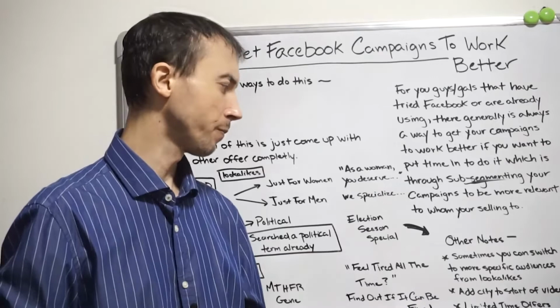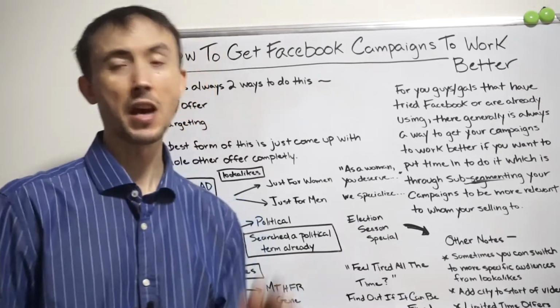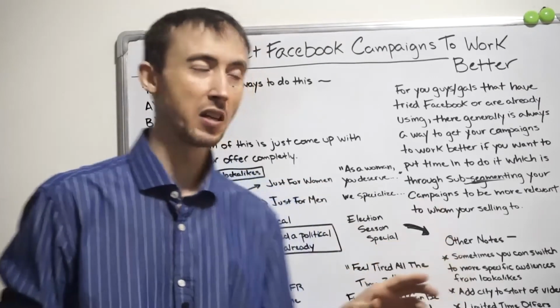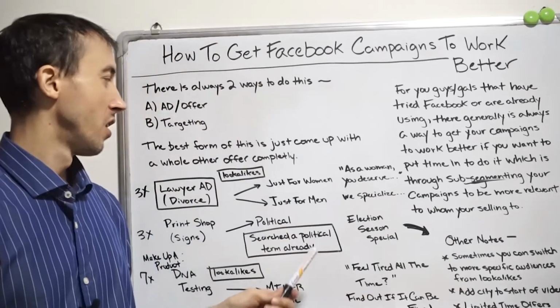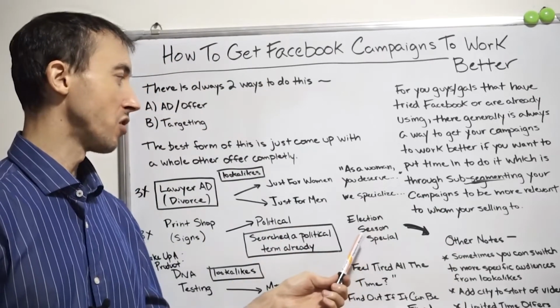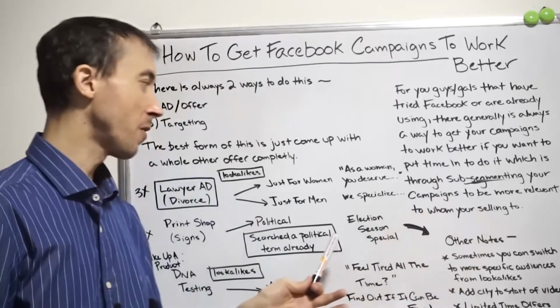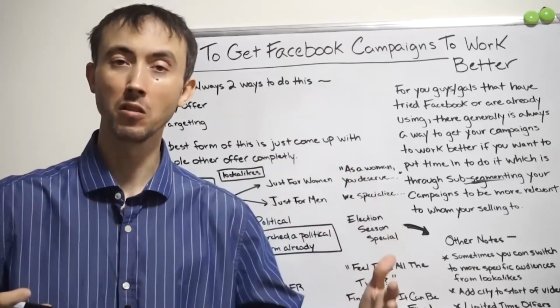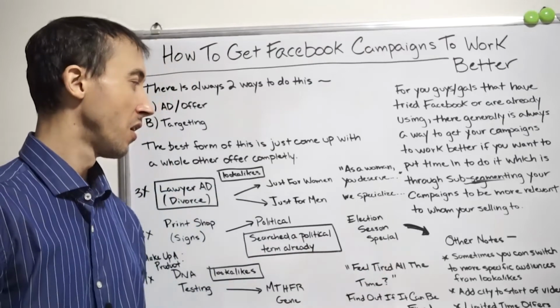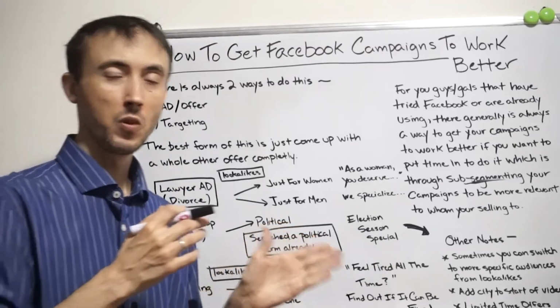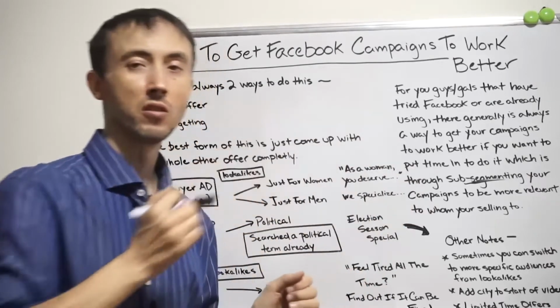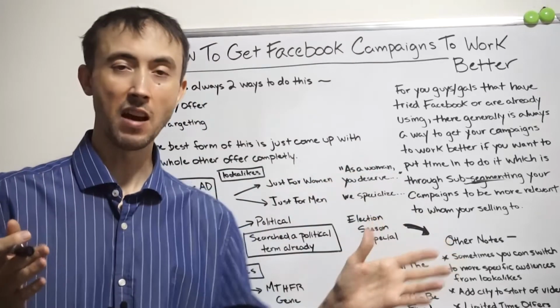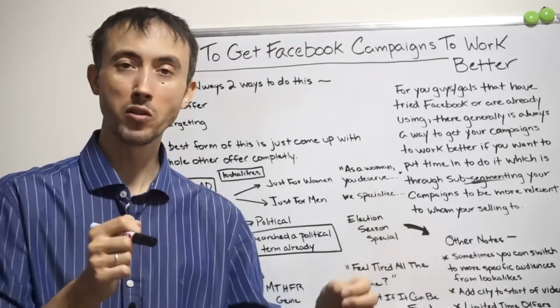But the last one is limited time offers. I already mentioned this basically in this video, but just to rehash it, on this political campaign, I mentioned elections. For the political people that would want sign printing specifically for a political campaign, we added the election season special, because it's election season right now, to get that person's attention even more so.